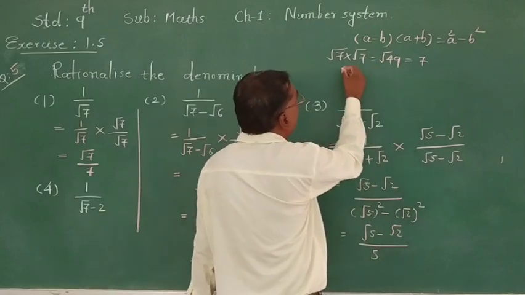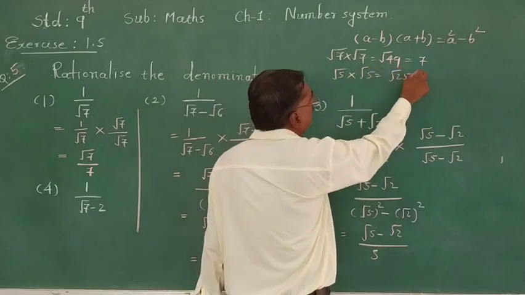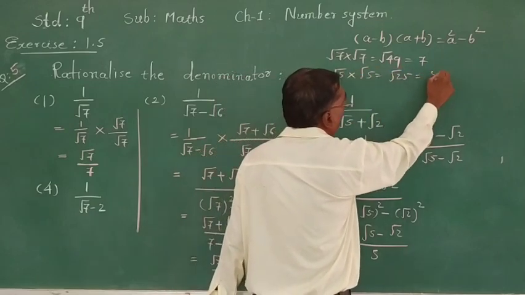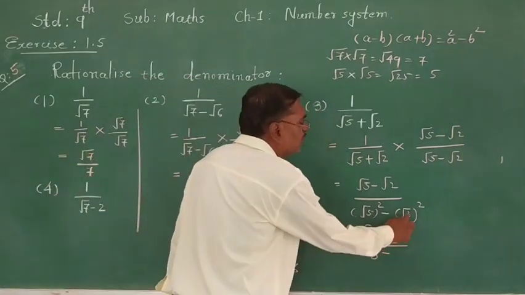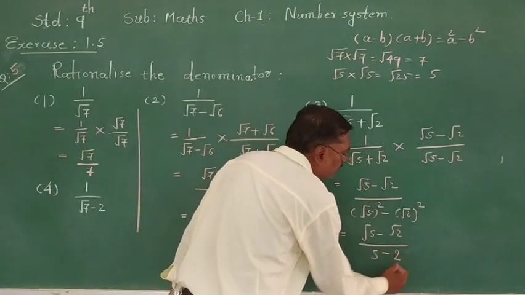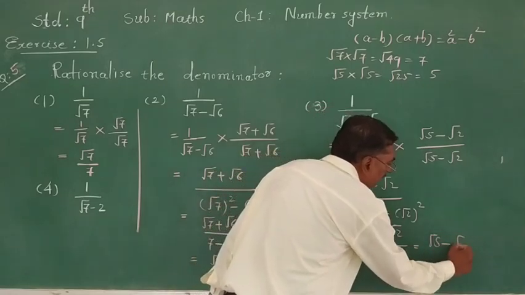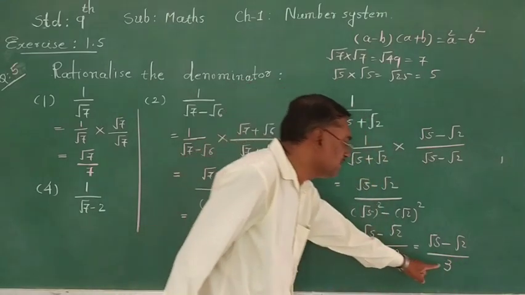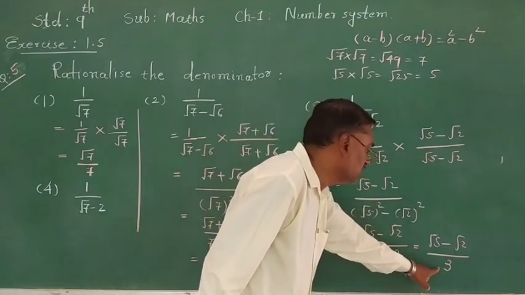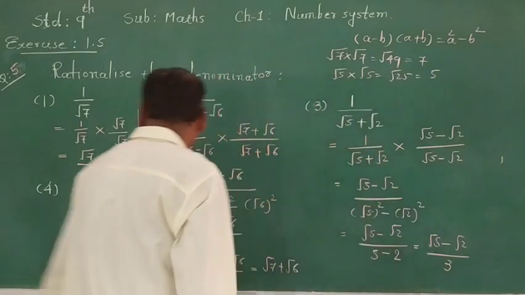We have solved here: root 5 multiply root 5, root 25, and root 25 is 5. Okay, minus root 2 square will be 2. So now your answer will be root 5 minus root 2 upon 3. So 3 is rational, not irrational. So we can rationalize the denominator in this way.